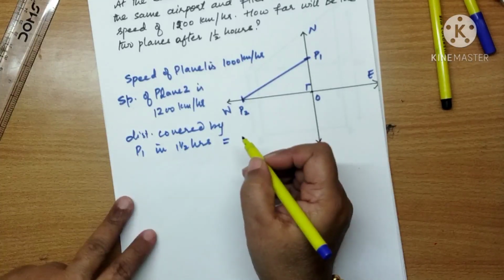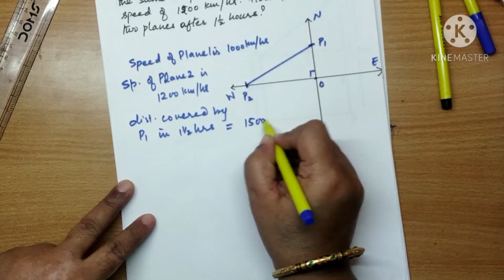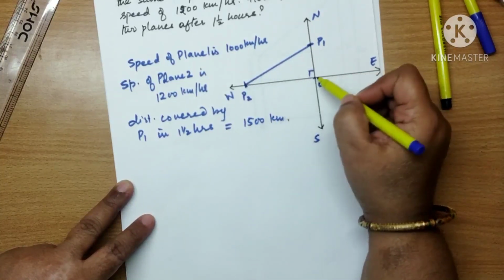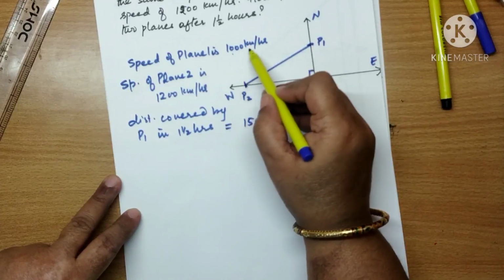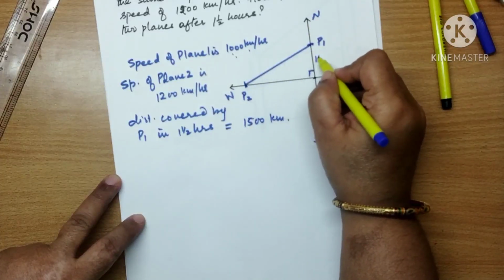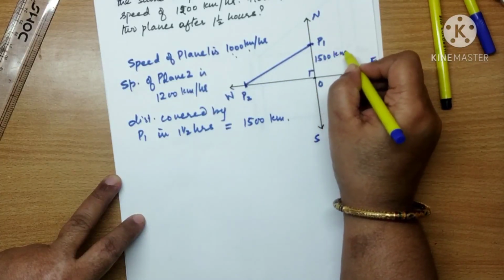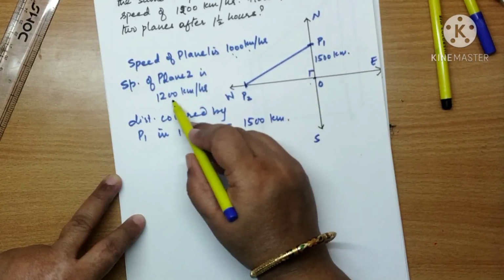Now, how much distance is covered by plane 1 in 1.5 hours? It is 1500 km. See, it is flying at a speed of 1000 km per hour. That means in 1 hour it's covering a distance of 1000 km. So in 1.5 hours, obviously it will cover a distance of 1500 km. Next, plane 2. In 1 hour it's covering a distance of 1200.